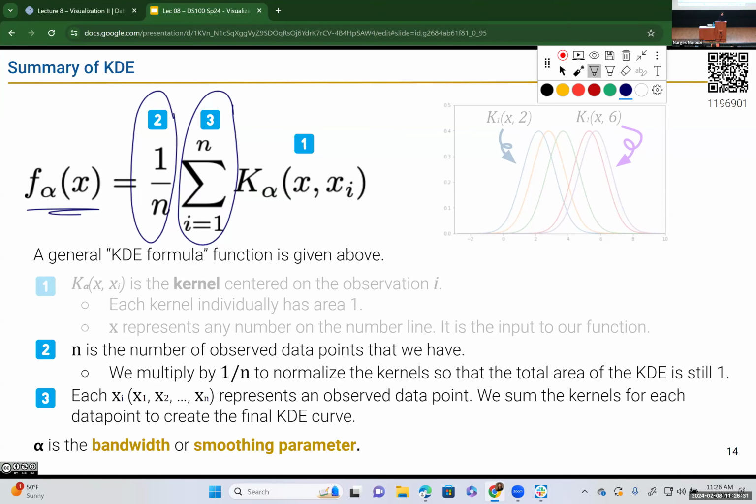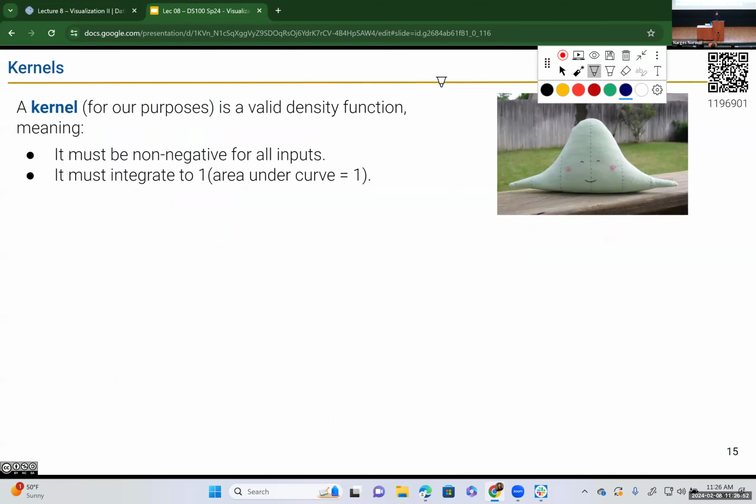For every given data point, for all of the values across the x-axis, I know my xi values, I know my alpha, everything is known. So I'll just put these values into the equation, and then I should be able to get a probability value. And that's what a kernel density estimation function is about.